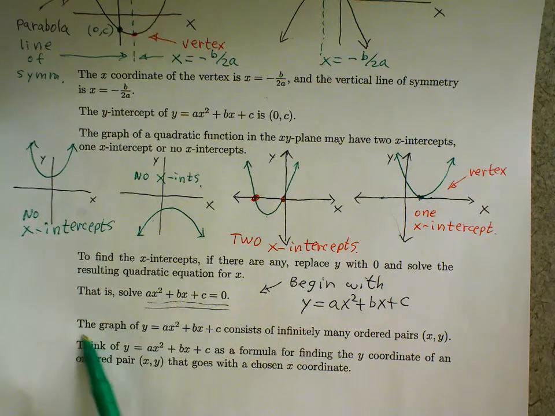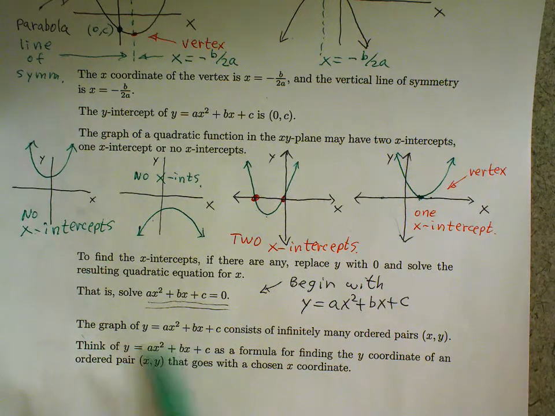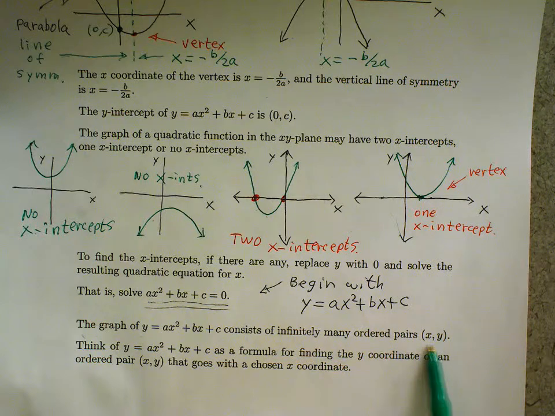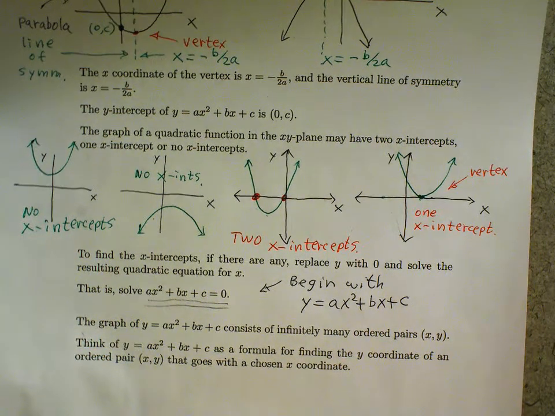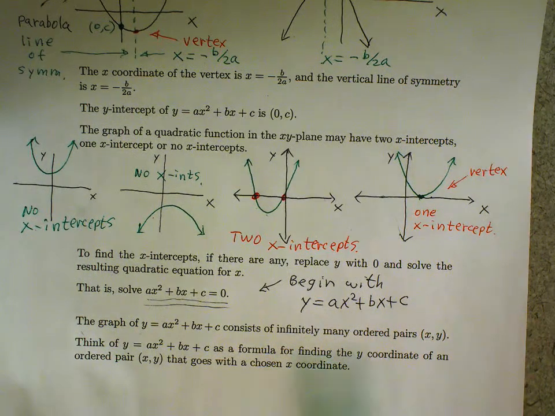But in the abstract, the graph of y equals ax squared plus bx plus c consists of infinitely many ordered pairs of the form xy. We don't have time to find infinitely many, so we find a few of the ordered pairs and then sketch the graph of a parabola that passes through those points.